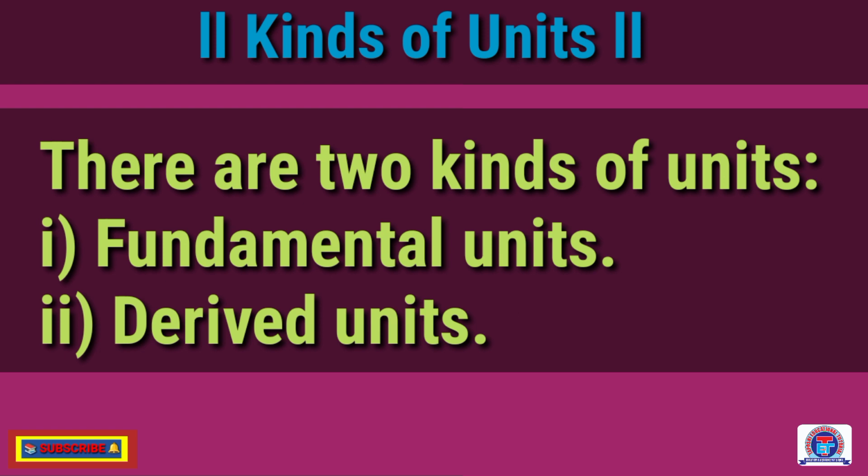Now, my dear student, we will understand the kinds of units. There are two kinds of units. Number one, fundamental units. Number two, derived units. One by one, I will discuss the fundamental units and the derived units.